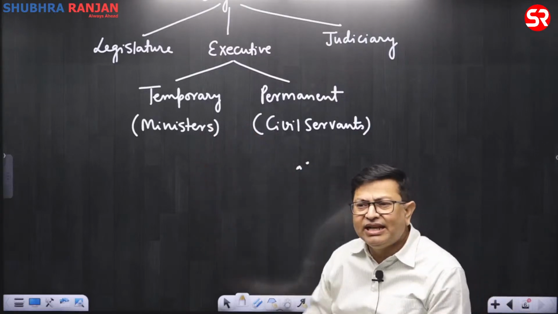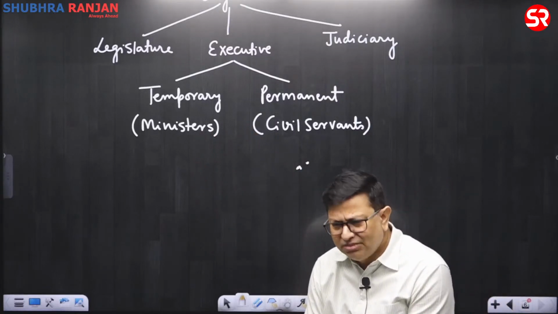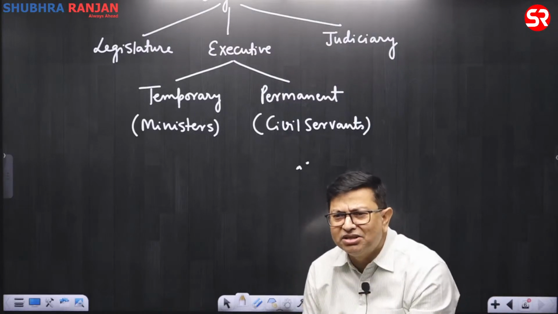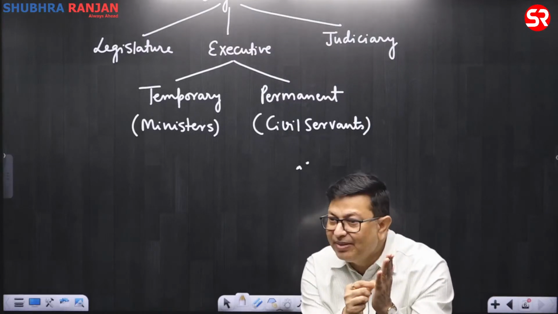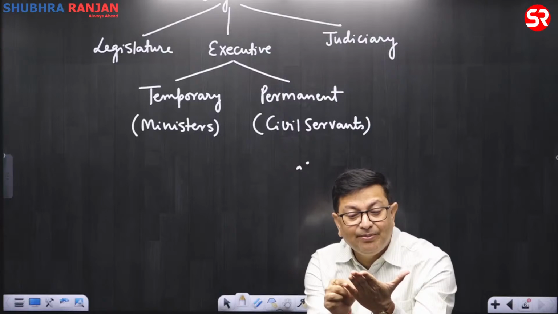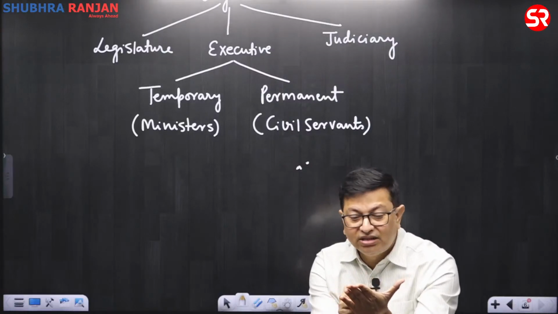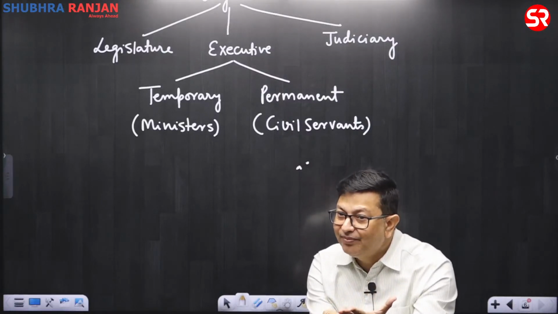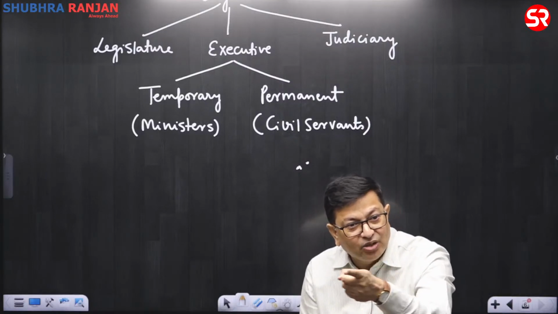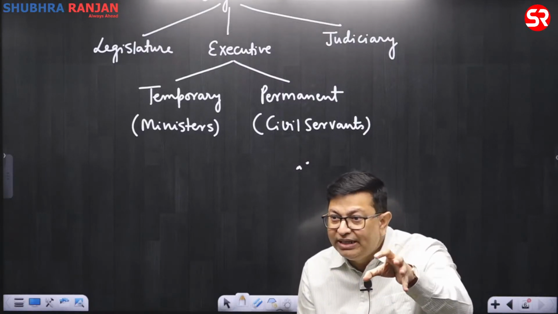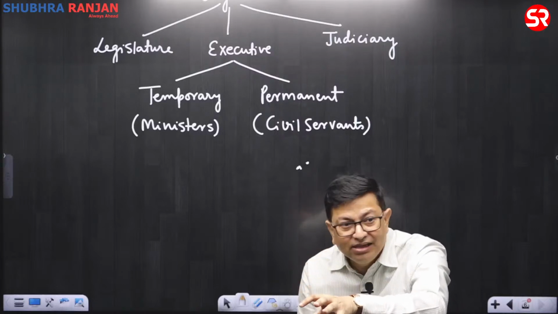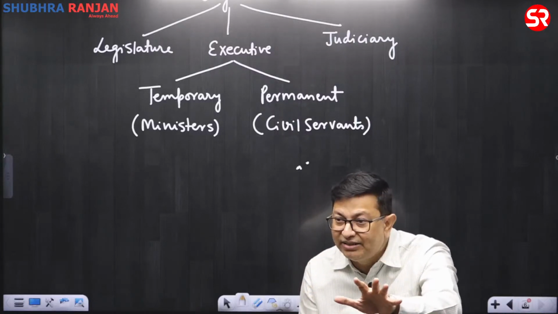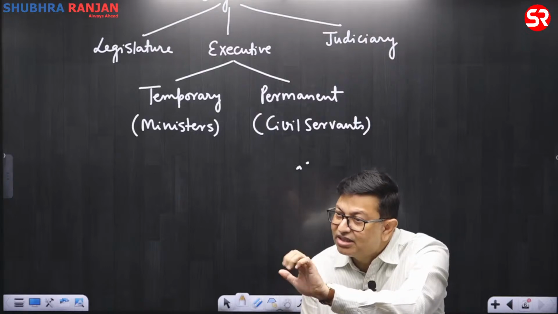The ministers, they come and go. There is no fixed term for the ministers. Never in any book is it mentioned that the term of the prime minister is 5 years, or the term of the chief minister is 5 years. It completely depends on the house. If the political party has a majority, then only the leader will be there, the ministers will be there.